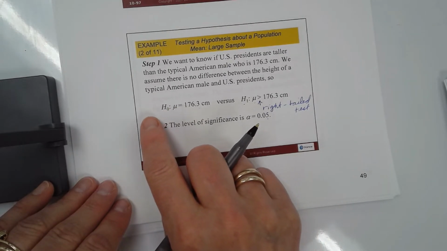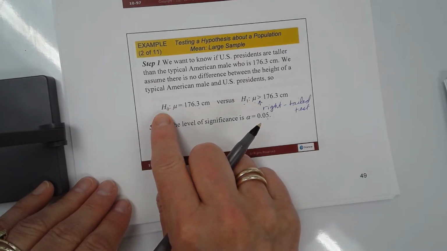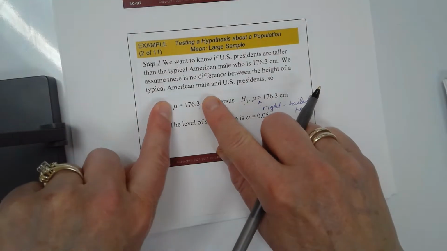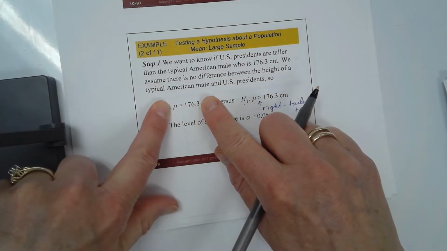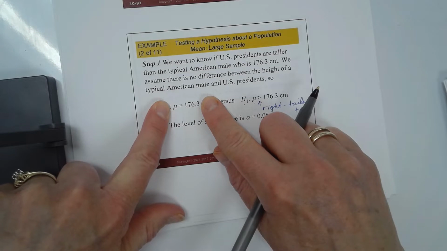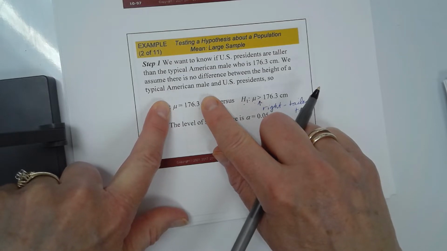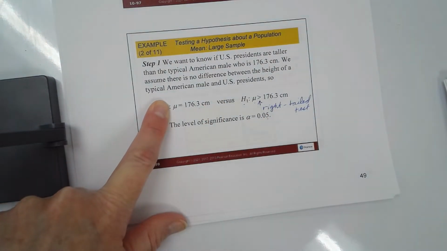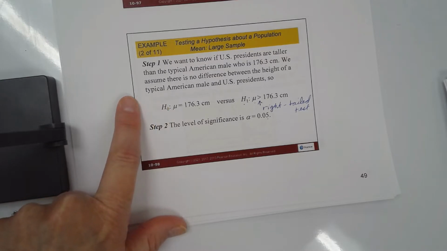It's telling you this is the null hypothesis, that the mean is equal to 176.3. So your null hypothesis is always either going to be P equals a number or mu equals a number if it's a mean. For a proportion, it's going to be P. For a mean, it's going to be mu.